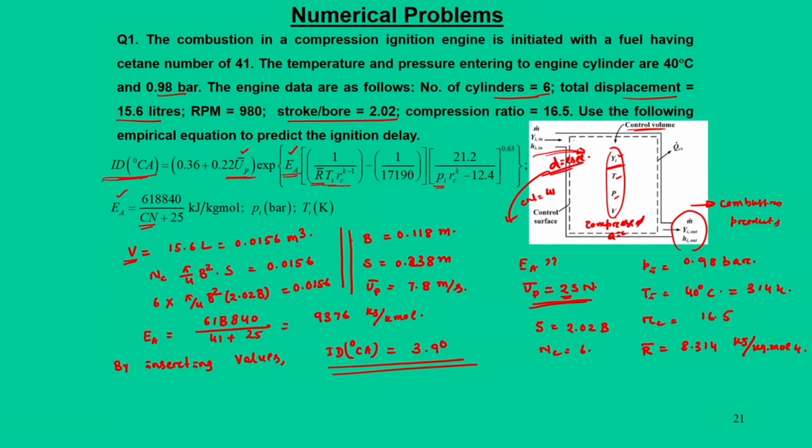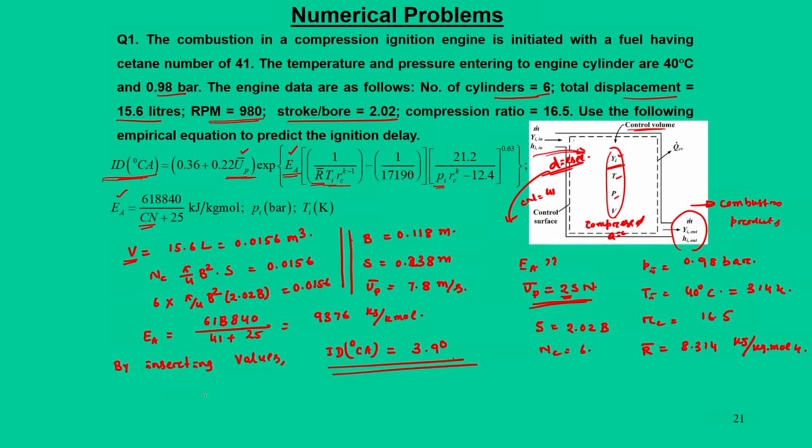One is from the engine viewpoint, where we express at what particular location the fuel is injected and at what point the combustion takes place, represented in degree crank angle. Now, in terms of time, this can be converted by knowing the engine speed. Engine speed is 980 rpm.